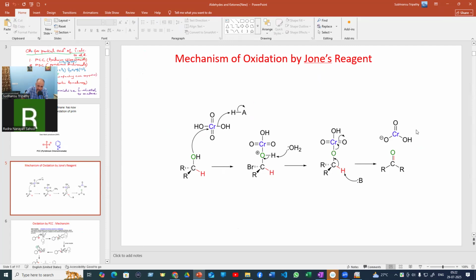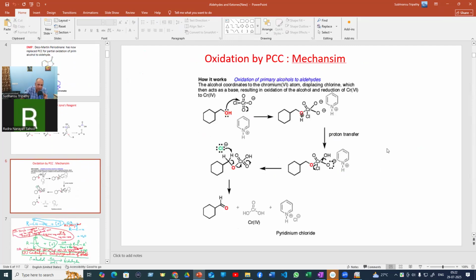So this HCrO3 minus goes, we are not interested in that, so we get a ketone. Had there been another H in a 1 degree alcohol, you get aldehyde. But with Jones reagent, if you prolong it or if you have insufficient 1 degree alcohol, then the product will be exclusively carboxylic acid. So you need not write down the mechanism.